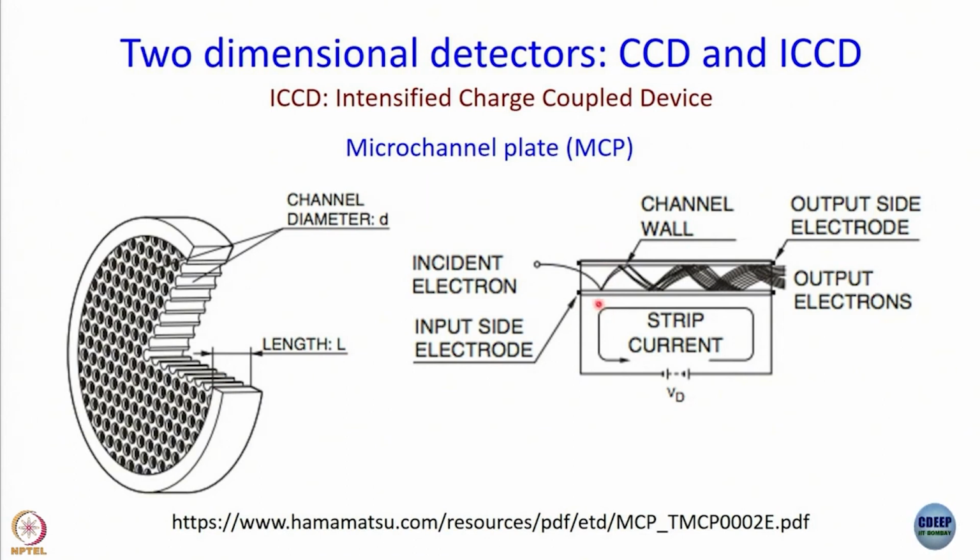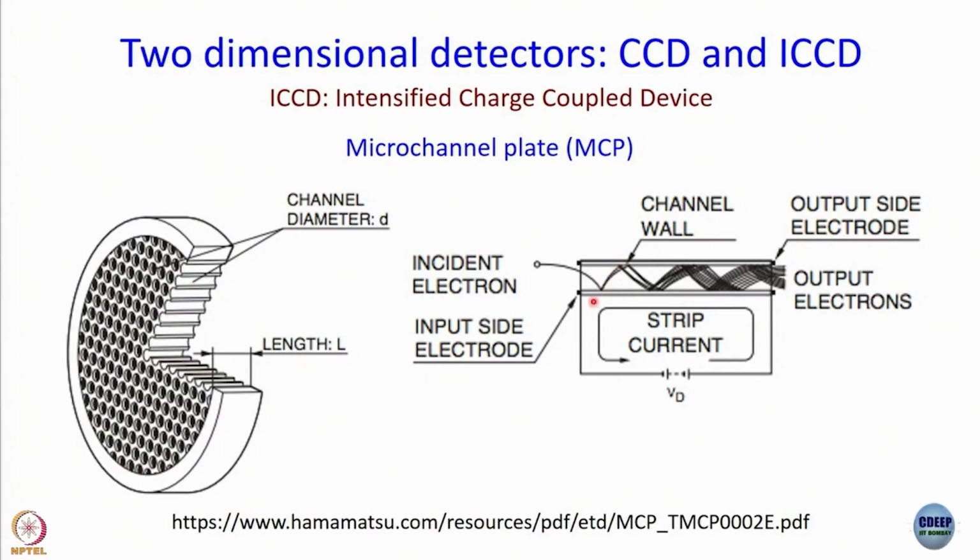It will hit a wall. Look at the circuit, this thing called strip current. You see this side is negative, this side is positive. So, the electron is actually being accelerated as it travels through the capillary. It is getting energized. When this energized electron hits the wall, it gives rise to secondary electrons.